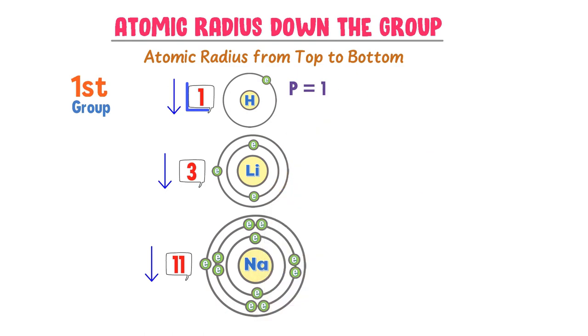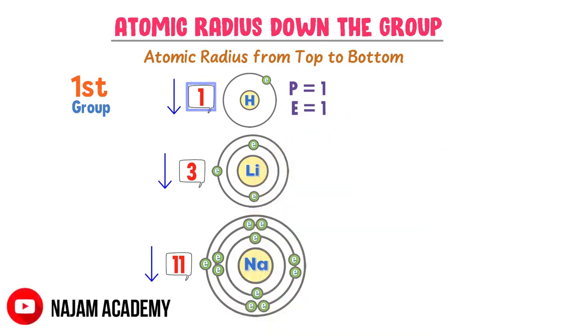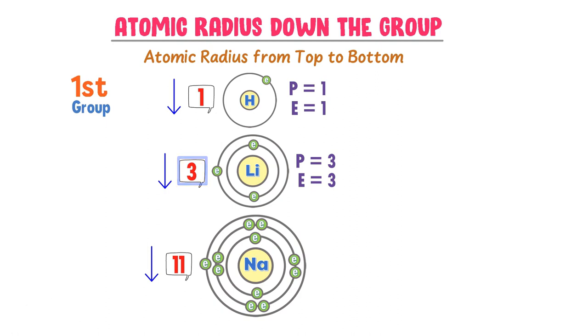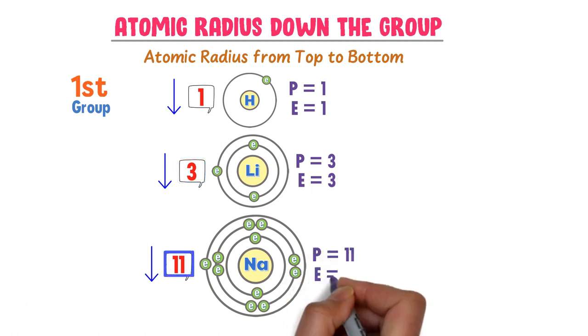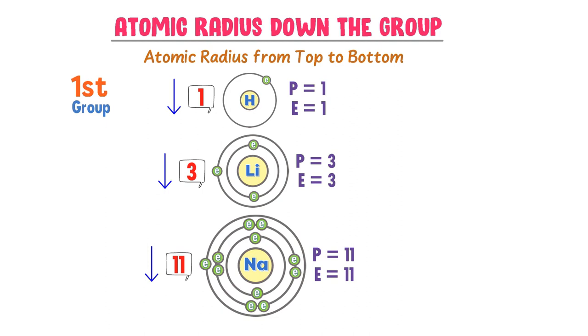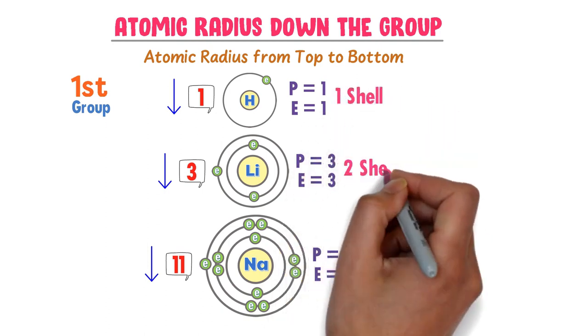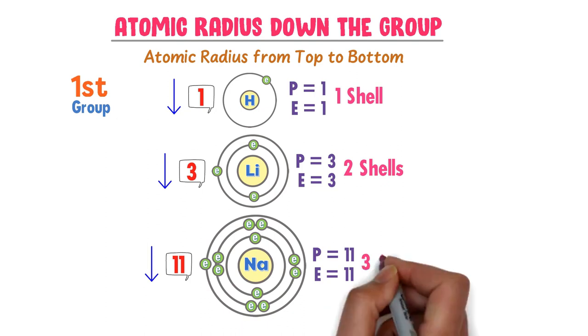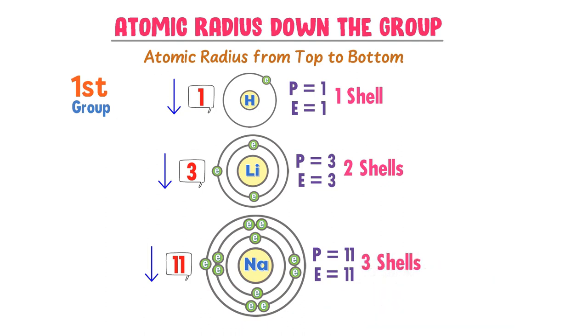There is only one proton and one electron in hydrogen atom. There are 3 protons, 3 electrons in lithium atom and there are 11 protons and 11 electrons in sodium atom. There is one shell in hydrogen atom, there are 2 shells in lithium atom and there are 3 shells in sodium atom.